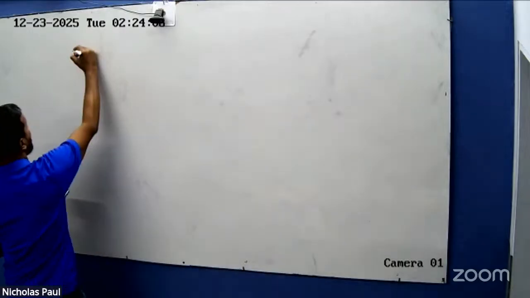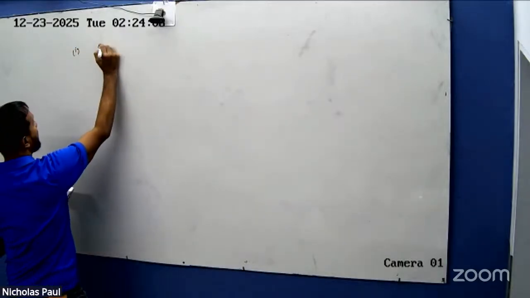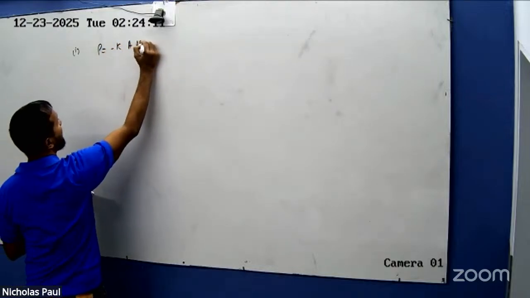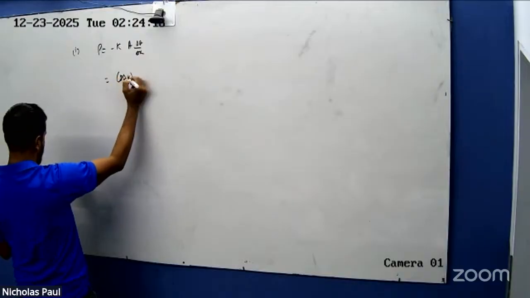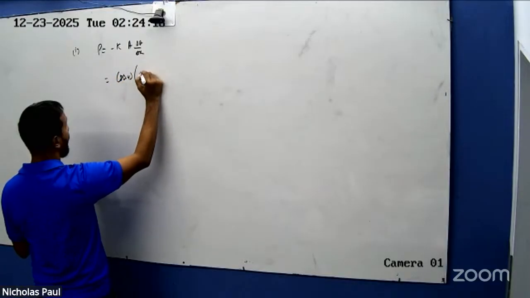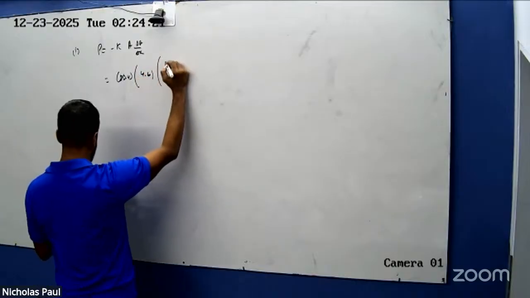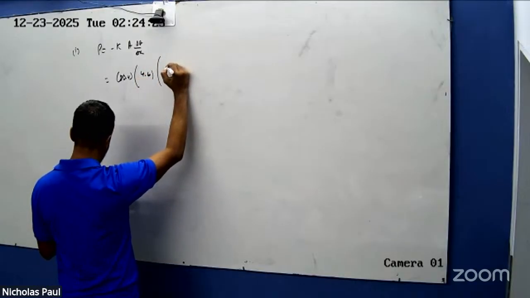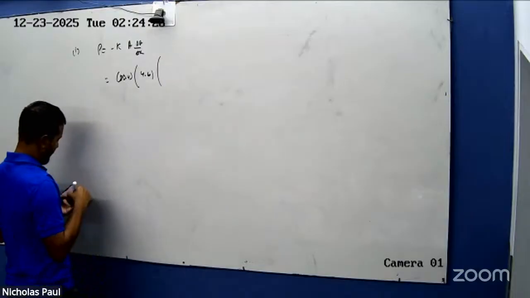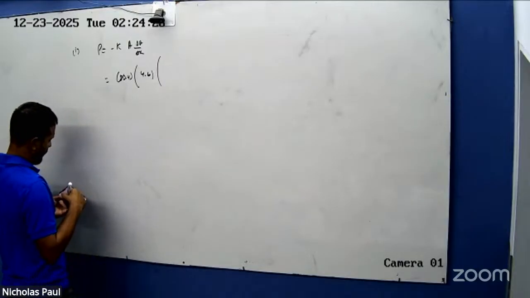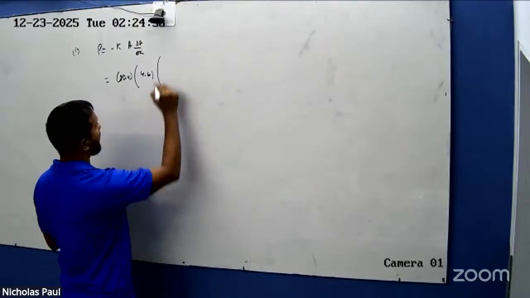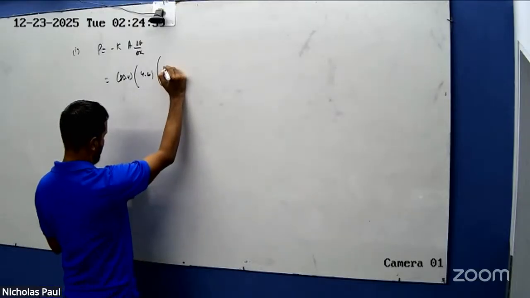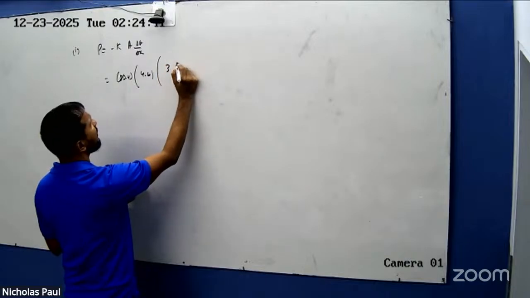So part one, they want the rate of heat flow, minus kA delta theta over delta x. Right, so that will be 840 by the area, which was 4.6. Temperature change was 3 degrees, right?